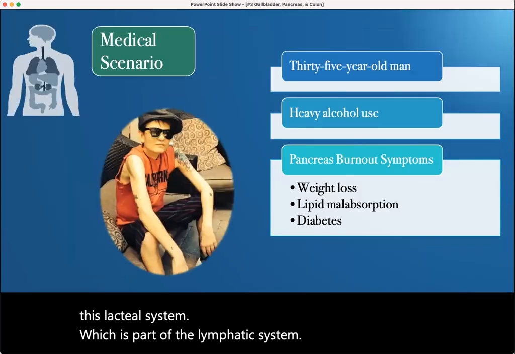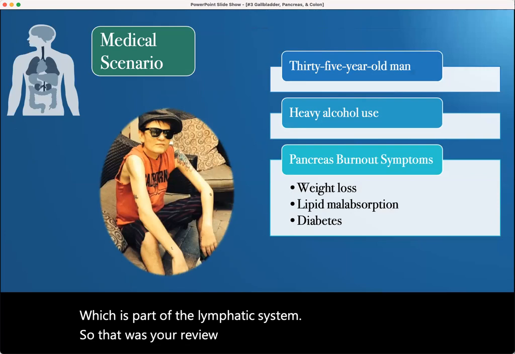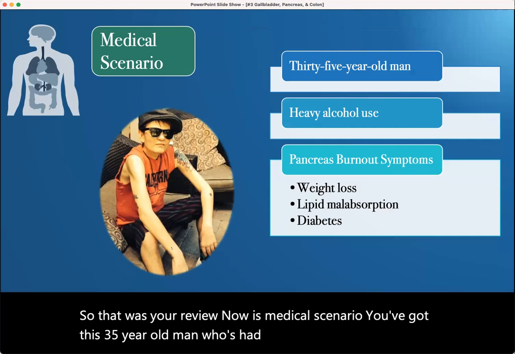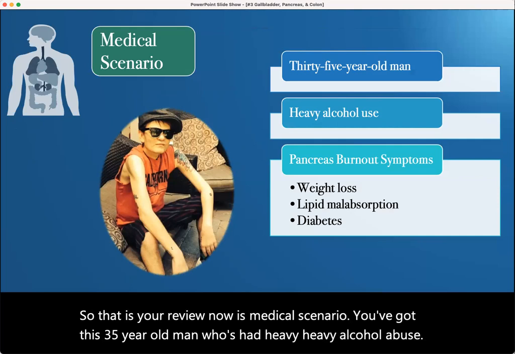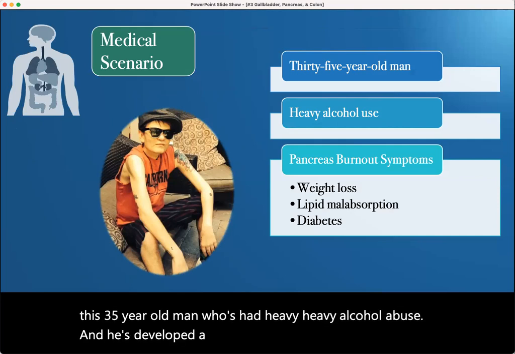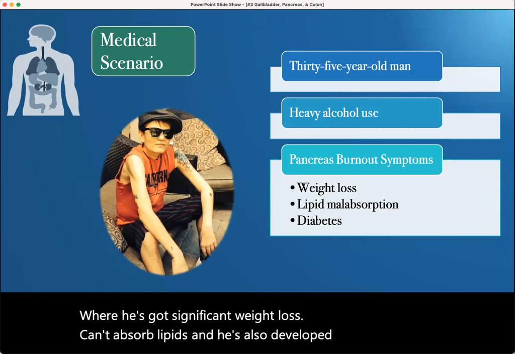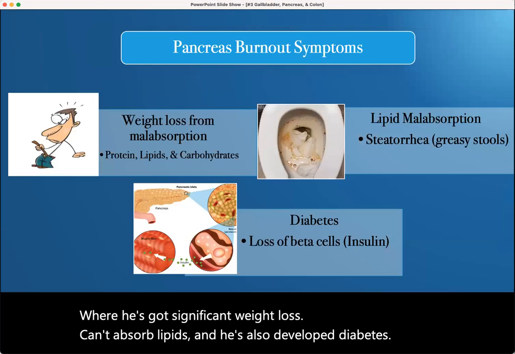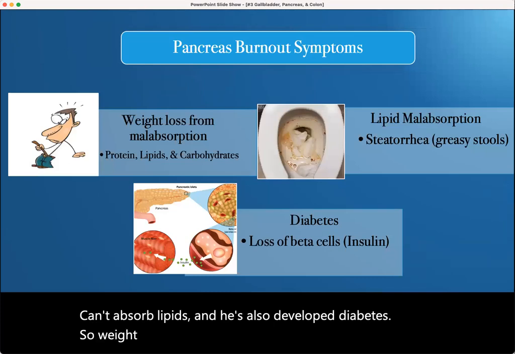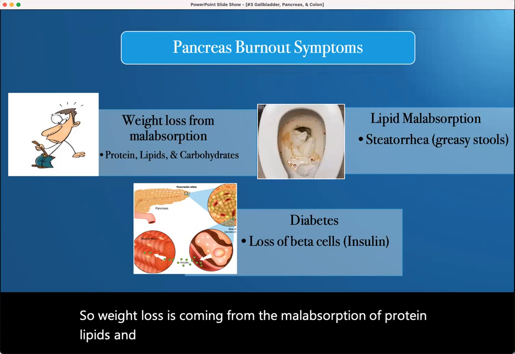So there's your review. Now a medical scenario. You've got this 35-year-old man who's had heavy alcohol abuse, and he's developed pancreas burnout where he's got significant weight loss, can't absorb lipids, and he's also developed diabetes. The weight loss is coming from the malabsorption of protein, lipids, and carbohydrates, all the macronutrients.